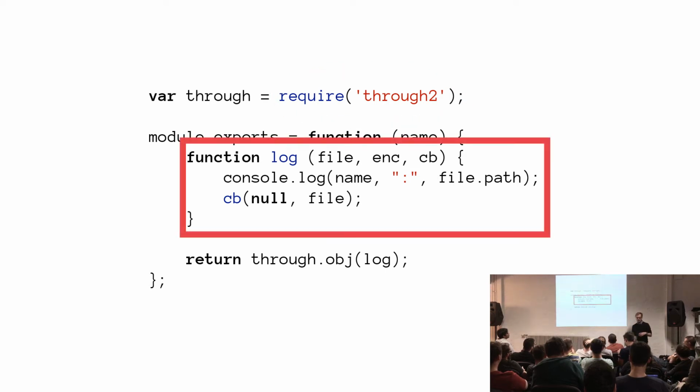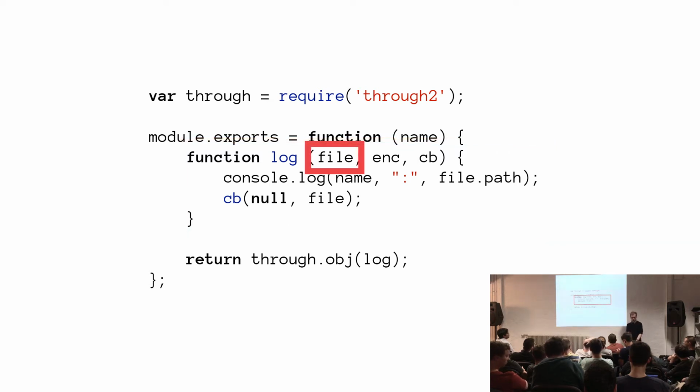And this is the real plugin. This is a log function which takes this file object, which is a vinyl file object. It's just a JavaScript object. And it prints the path, like the file name, onto the console. That's everything this plugin does.